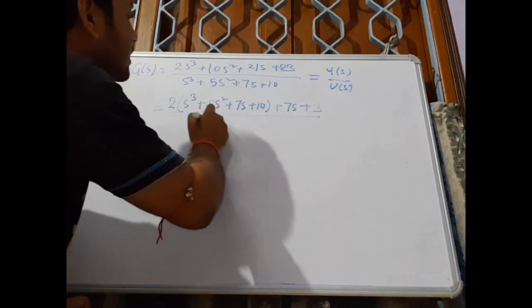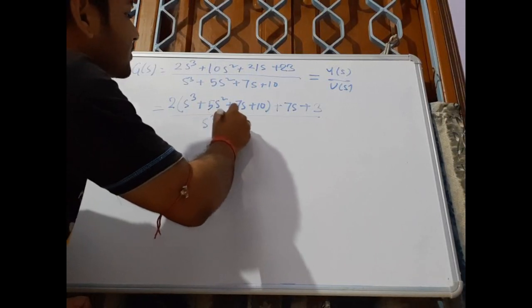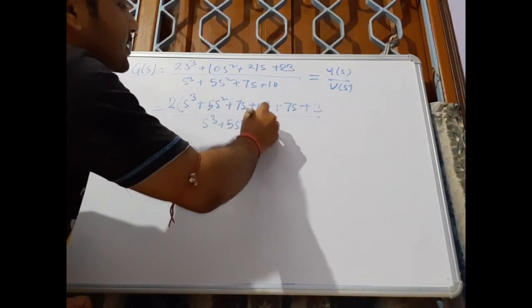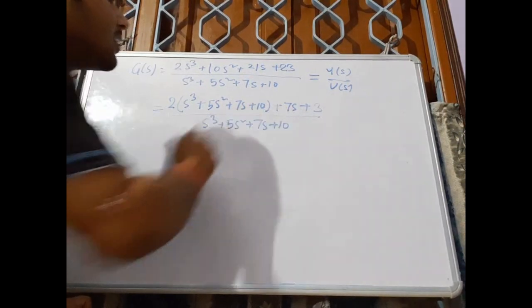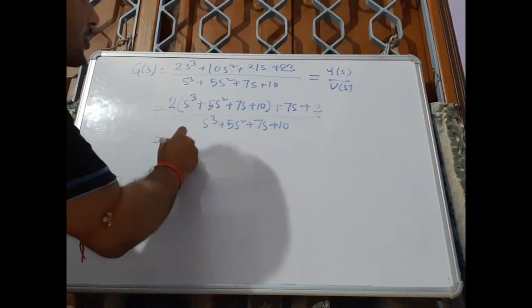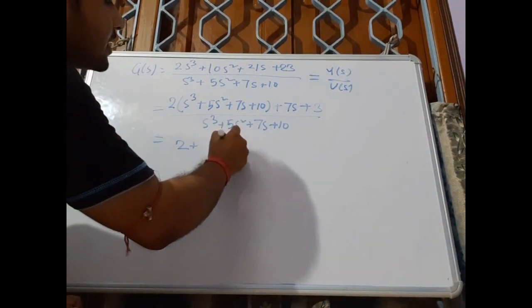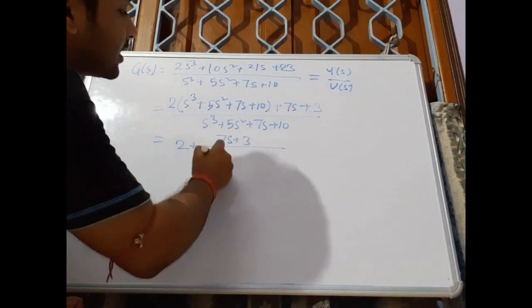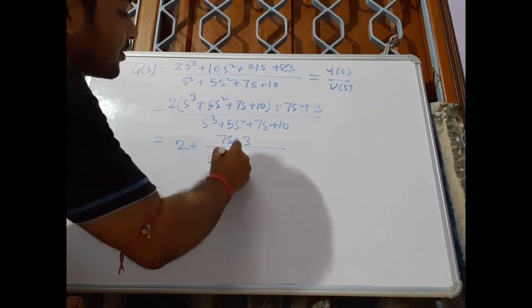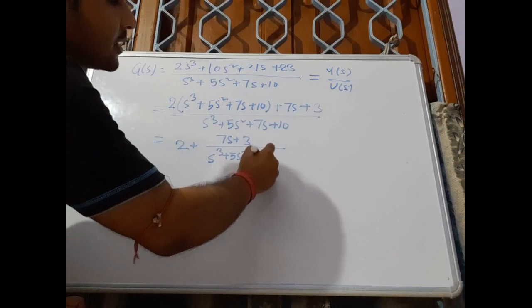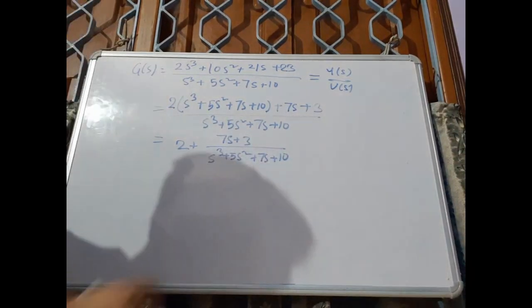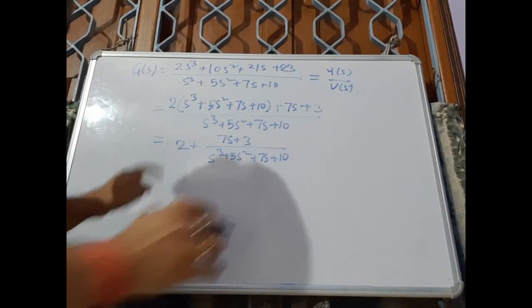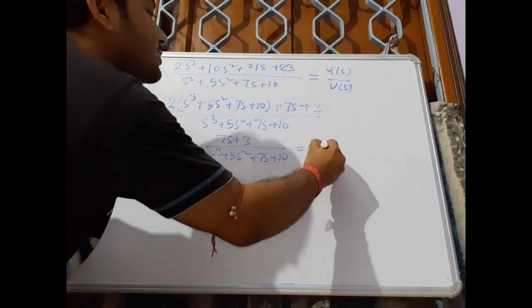Divided by s cube plus 5s square plus 7s plus 10, right? Now this will be 2 plus 7s plus 3 divided by s cube plus 5s square plus 7s plus 10, right?